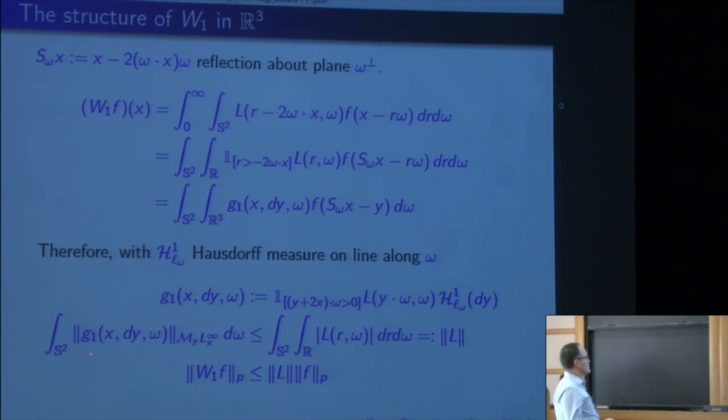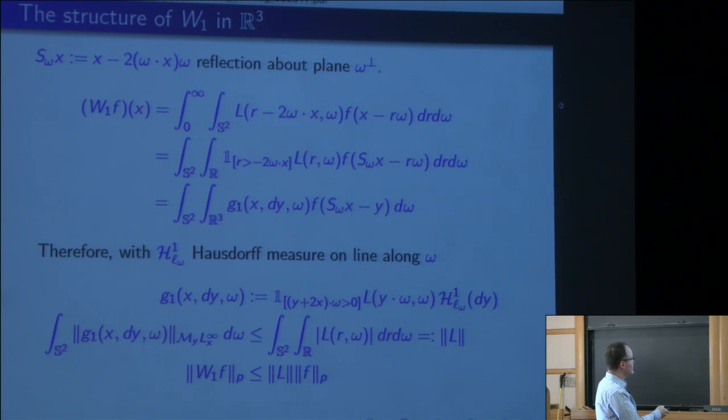Then you have the L infinity norm in x, measure in y, bounded by the L1 norm of L along the radius, averaged over the sphere. And this you call norm L. And so immediately you see that this first term in the expansion of your wave operator satisfies an LP bound, right?